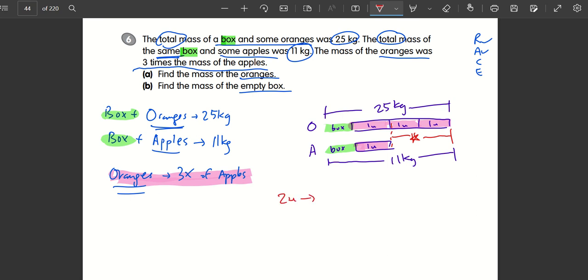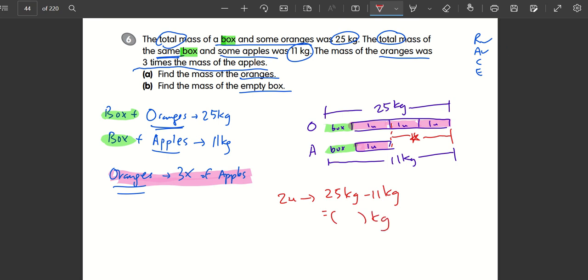That's 25 kilograms. When you subtract the 11 kilograms, you are taking away the box and you're taking away 1 unit from the apples, and then you get 2 units of fruits, which gives you this amount. That's where you get the 1 unit.